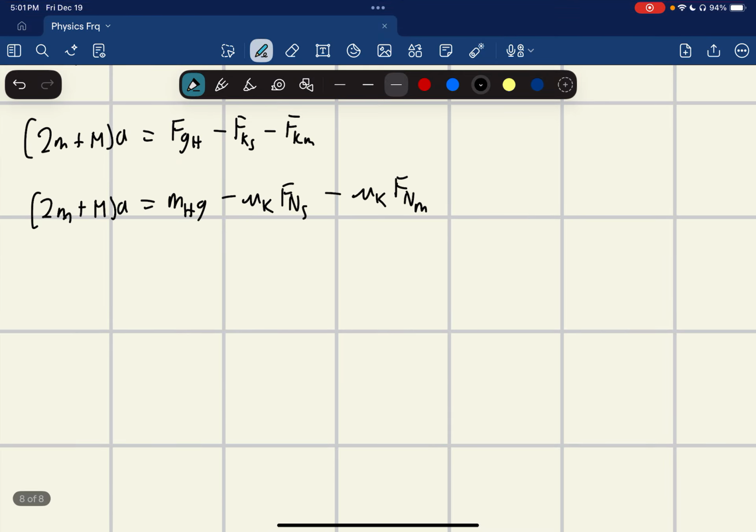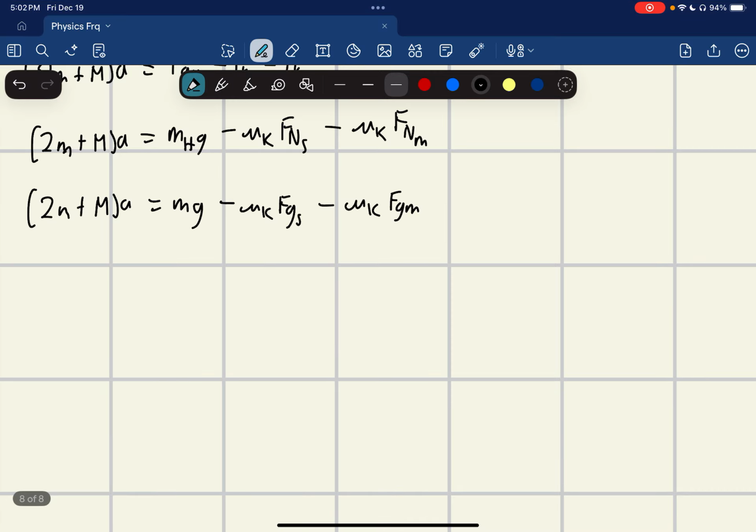And then that would equal lowercase mg minus mu K, and then FN of S in this scenario is equal to FGS. So it'd be equal to FGS. And same with FNM minus mu K, FNM would equal to FGM, sorry.